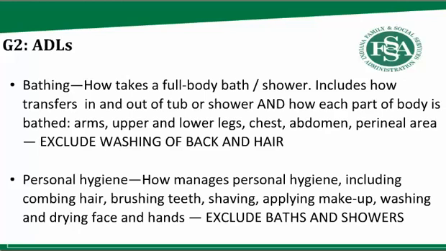And the reason is that this is difficult at the best of times, even if you're in tip-top shape. So the interRAI researchers who designed these instruments didn't want to include that, because it could seem that somebody's actually worse in doing their bathing because they're unable to wash their back and hair. So they've left that out when you're looking to assess for this particular item.